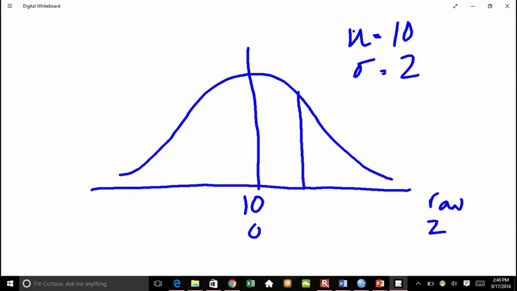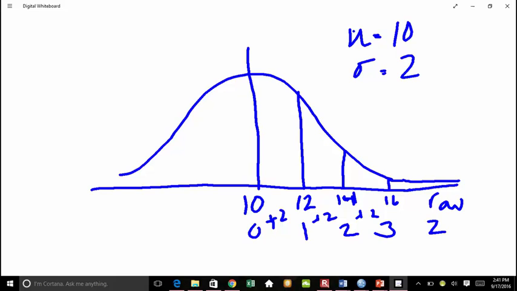1 standard deviation out, a z-score of 1, would actually get us to a raw score of 12, right? 10 plus 2. That's our standard deviation. At 2 standard deviations out, positive 2, we would add another 2, so we'd be at a raw score of 14. At 3 standard deviations out, we would add another 2, so we'd be at a raw score of 16.